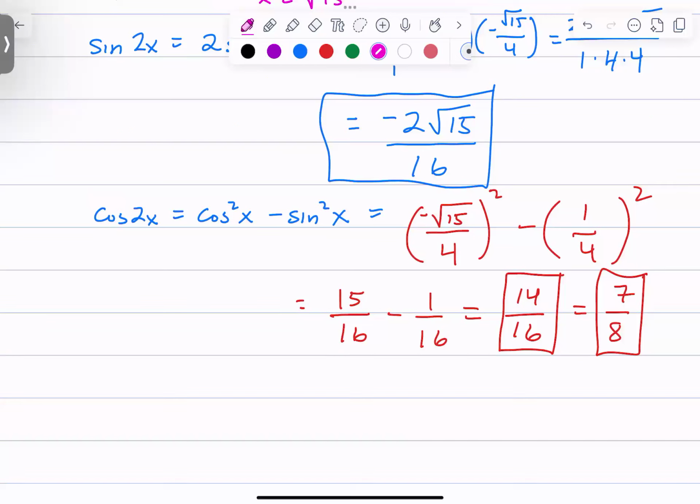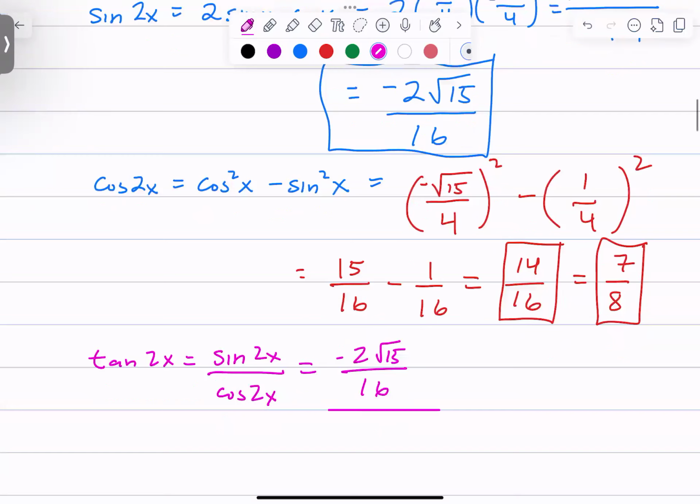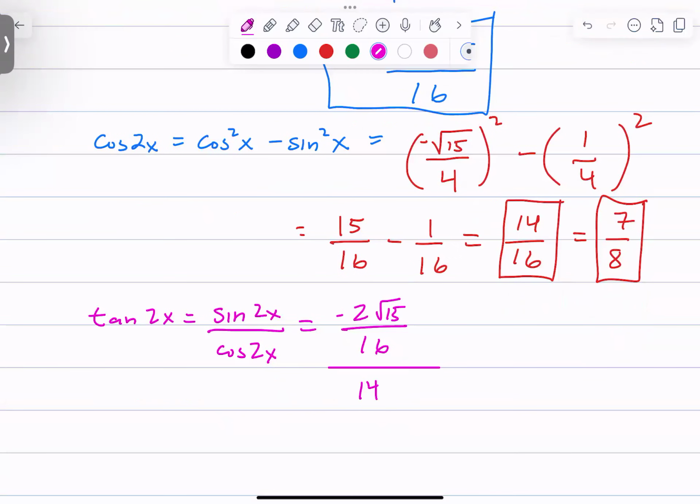Why I was kind of hesitant is because I was already thinking of tangent. Tangent is sine over cosine, which we would get negative 2 square root of 15 over 16 divided by, I'm going to use 14 over 16. Okay, I'll show you guys why I use that.